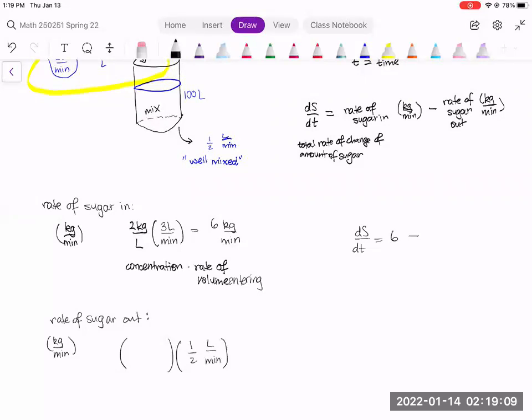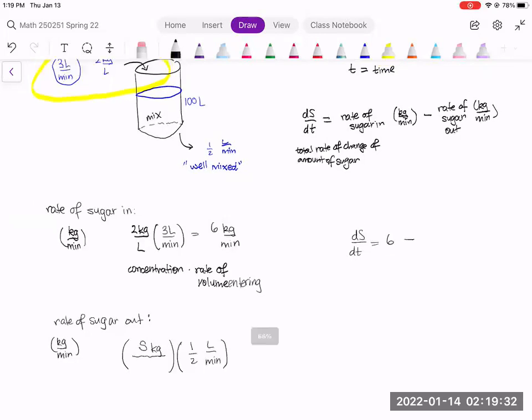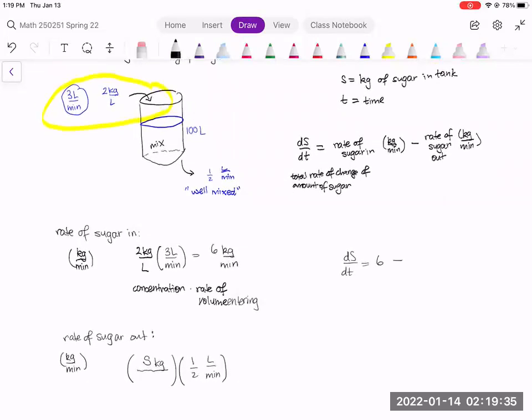So concentration is going to have units of kilograms per liter. And we have a convenient variable that tells us the number of kilograms of sugar. That is just S. So the amount of sugar that we have in the system is just S. And then we're going to look at the volume. We started off with 100 liters. But every minute we have 3 liters entering and just 1/2 liter exiting.